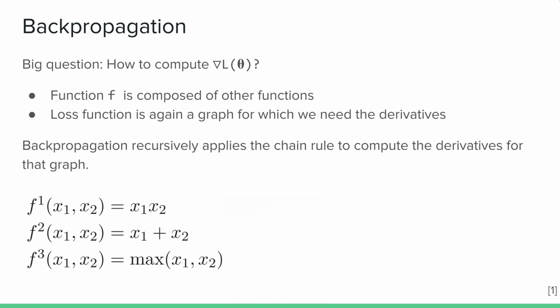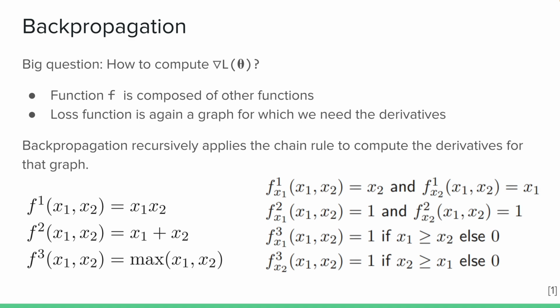And given that the functions we use are usually quite simple, we can actually write it down. If our function is a multiplication, addition, or a maximum, then these are our partial derivatives. So you can see it's quite easy to apply partial derivatives once we've broken down our loss function to the individual parts.